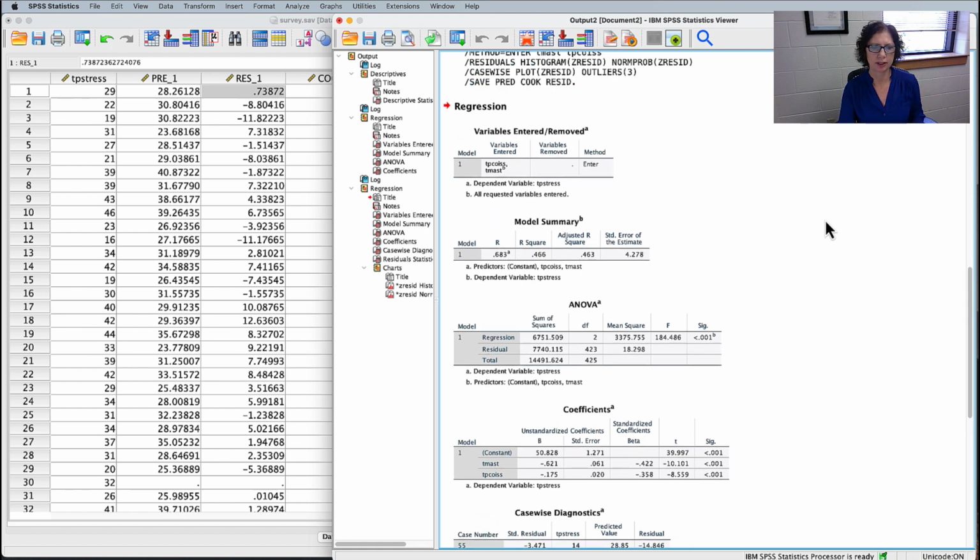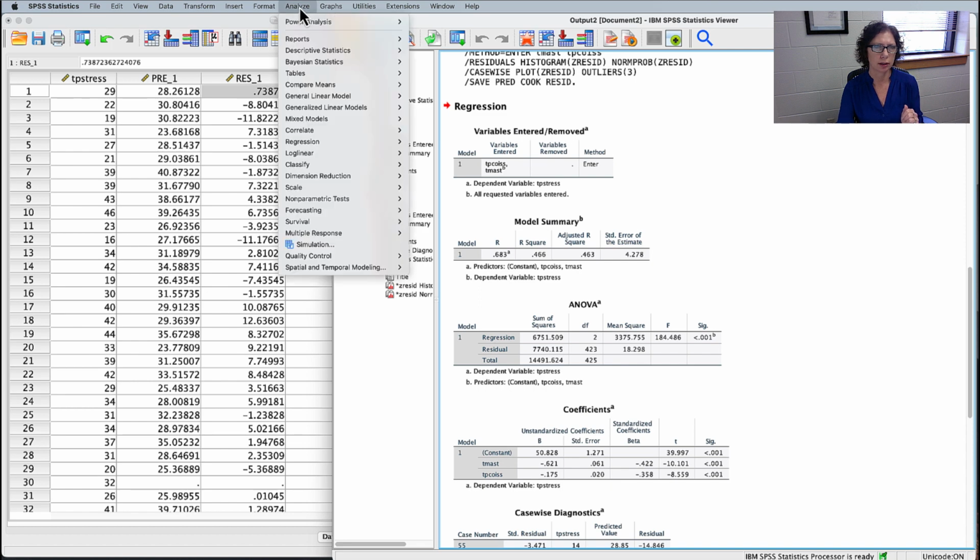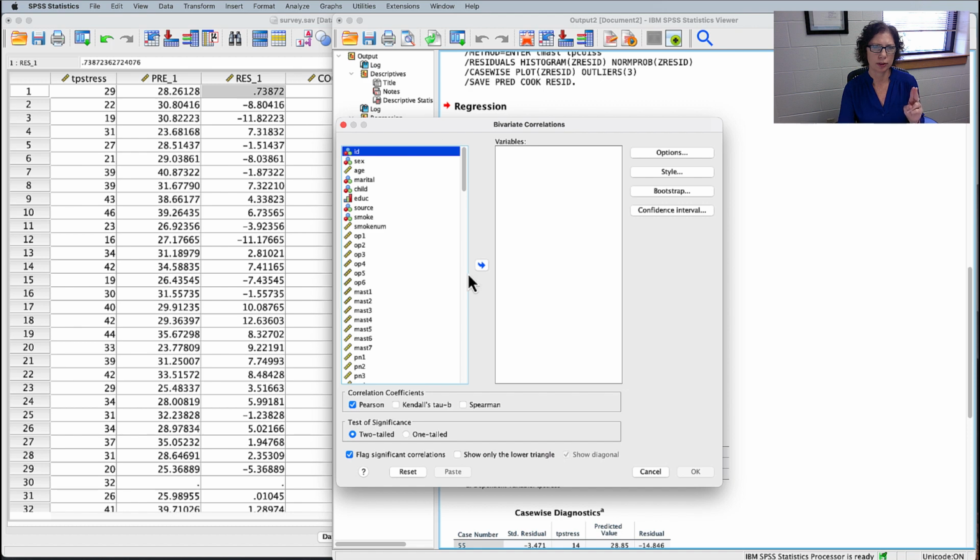So let's check some different things. First, we'll talk about something that's not directly residuals, multicollinearity. And this refers to when our predictors are too highly correlated. Now, typically you would have already run correlations between the study variables earlier when you did preliminary bivariate linearity checking. But let's go ahead and check it here. Correlating between the two predictors.